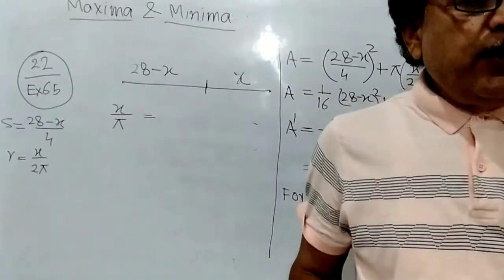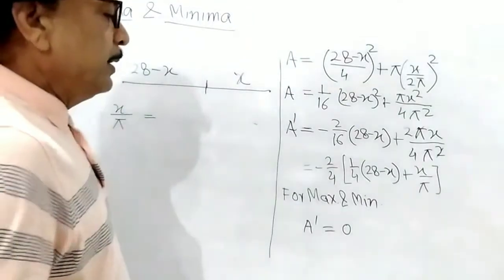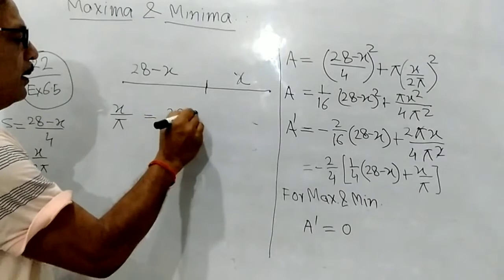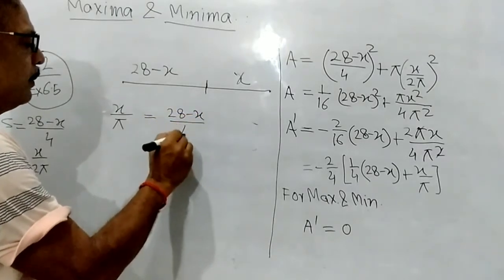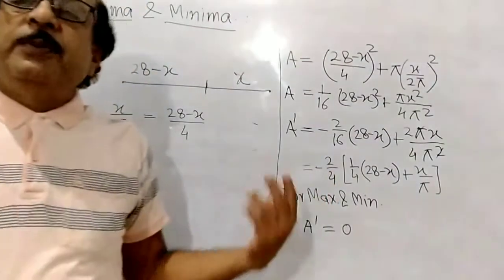We can write what? x/pi equal to 28 minus x by 4.